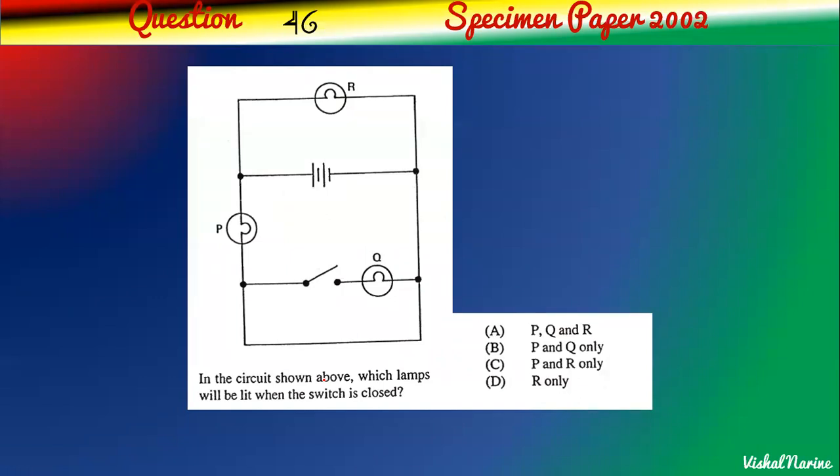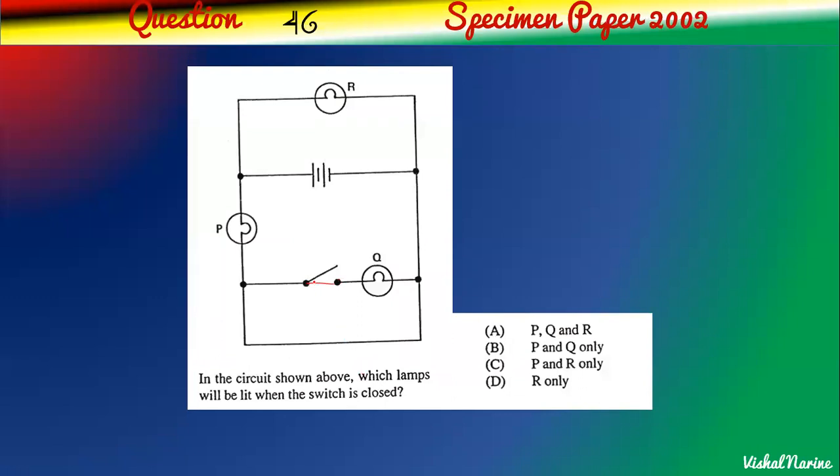So circuit closed means what? The switch is on or the switch is off? Well, it means basically, yes, it is on.